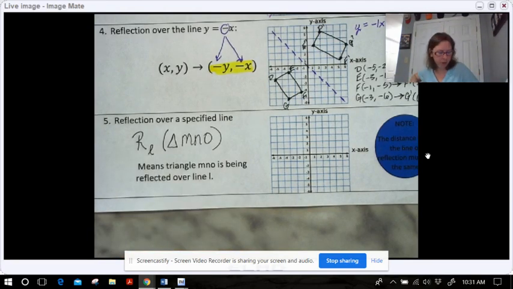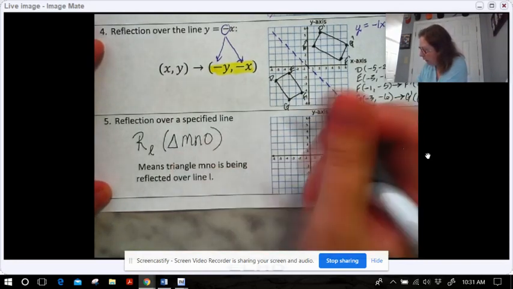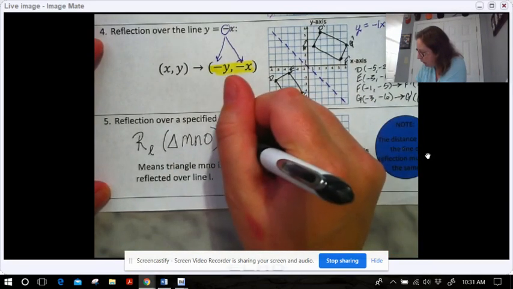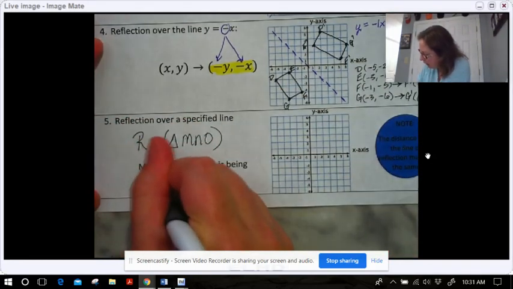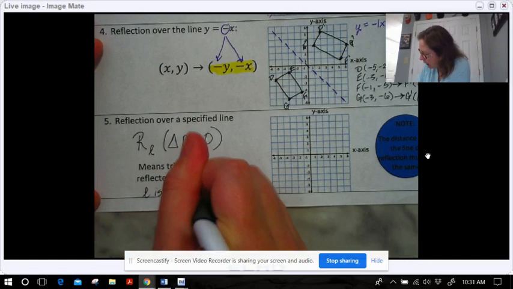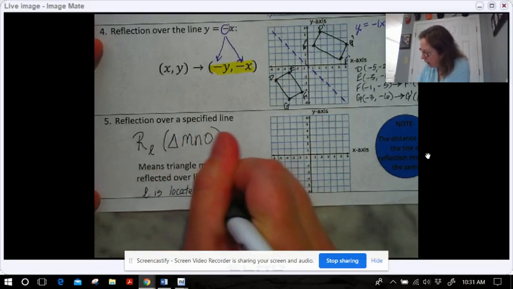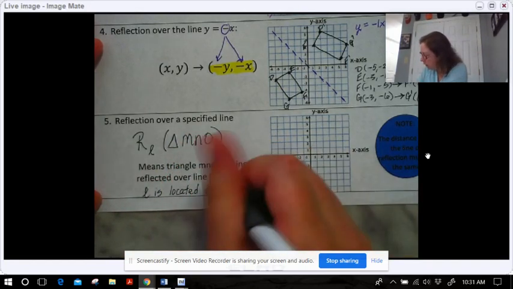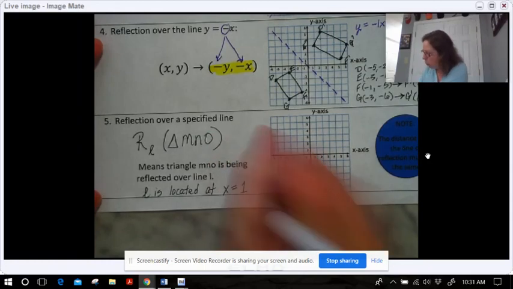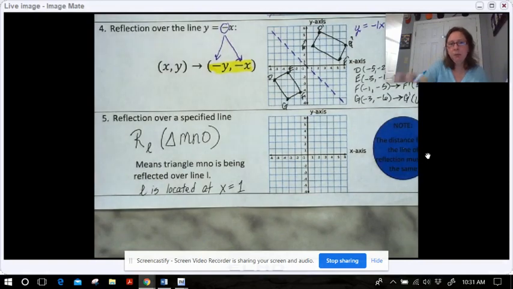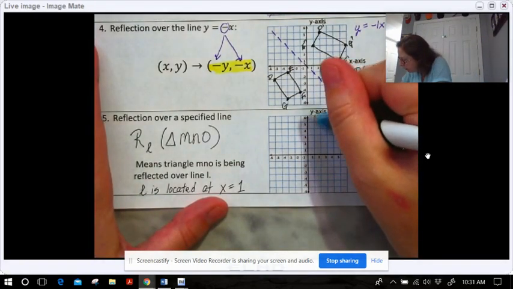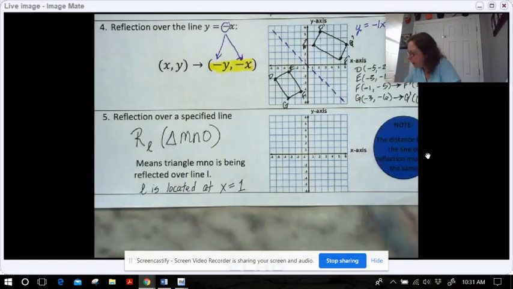All right. So I'm going to say line L, let's see, where am I going to write it? L is located at x equals 1, okay? So what that means is I'm saying that line L is located right here.